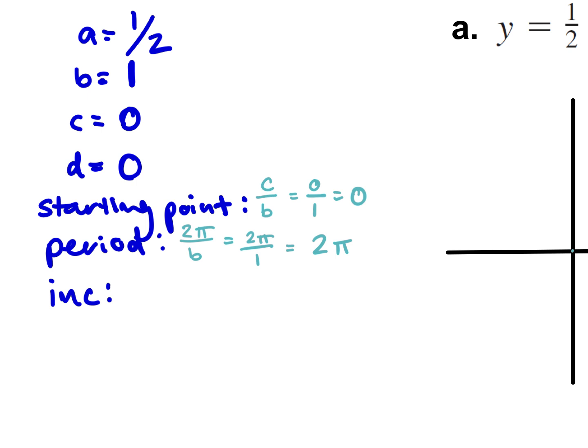The increment is the period divided by 4. So what was our period? 2 pi divided by 4, so that would be pi over 2 when we simplify.